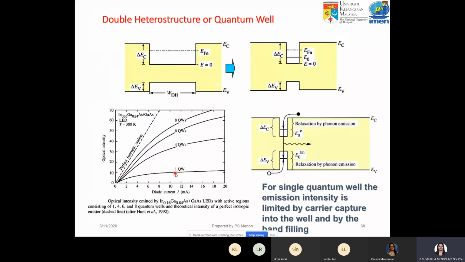So in order to increase the intensity of the laser, you need to add more quantum wells: 4, 6, 8 quantum wells, and so forth. When you increase the number of quantum wells, you have a higher optical intensity. For a single quantum well, the emission intensity is limited by the carrier capture into the well by the band filling. So we add more quantum wells to increase the power.